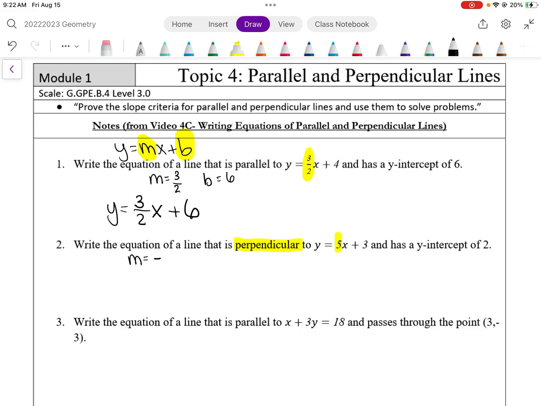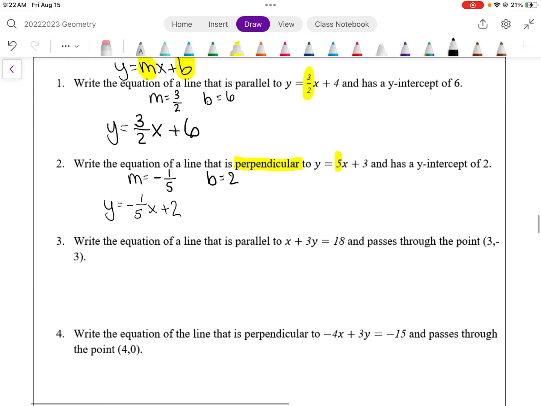So if this slope is 5, that means my perpendicular slope should be that opposite reciprocal. So I want my new slope to be negative 1/5. But then our b, it just gives it to us. It's 2. It has a y-intercept of 2. So y equals negative 1/5 x plus 2 would be our line.